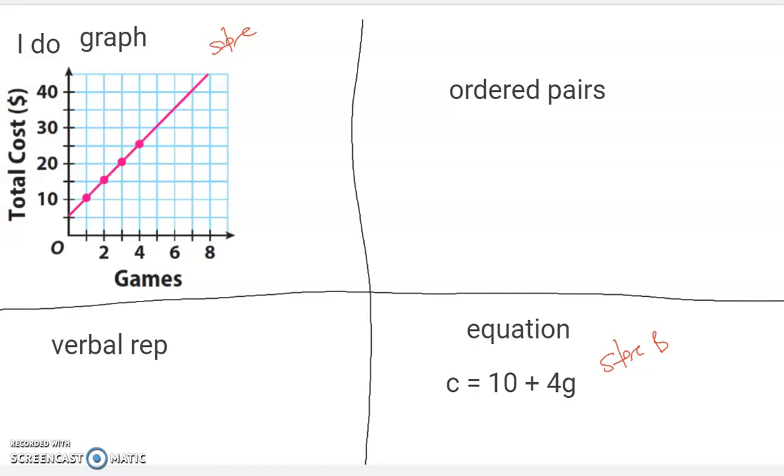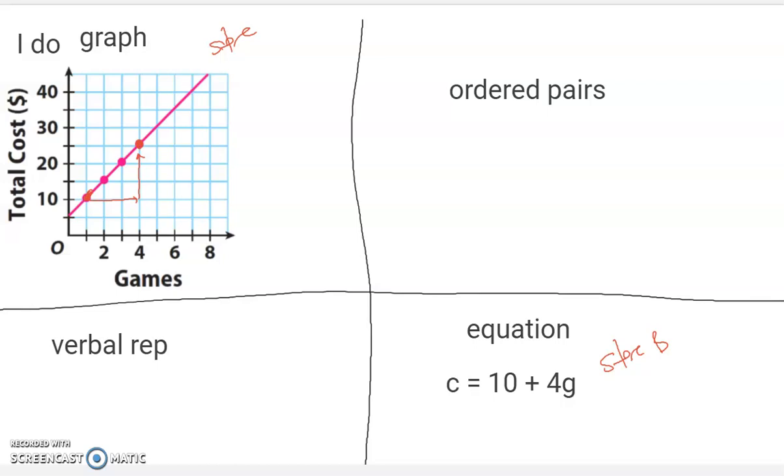So from the graph, I can find the slope pretty easily. I don't have to do a lot of changing on that one. So let's may as well start with what I can already do. I'll go easy ordered pairs. I'll pick this one and this one. So let's see, from there to there and from there to there. Either slope strategy is fine.